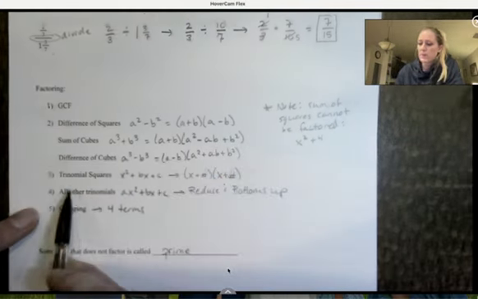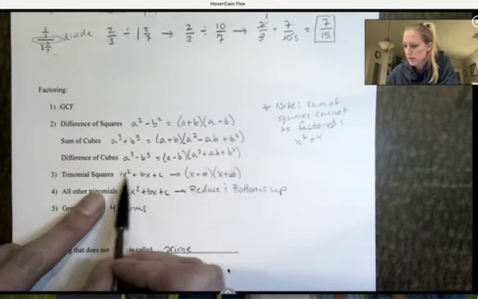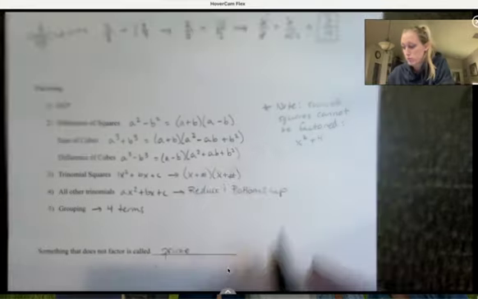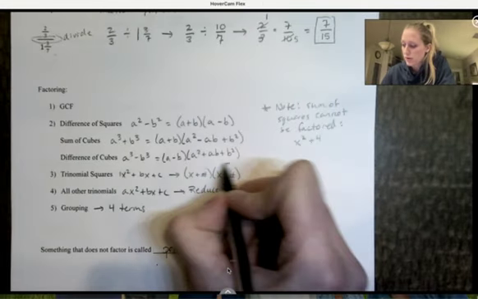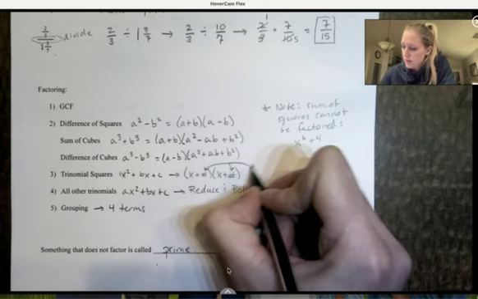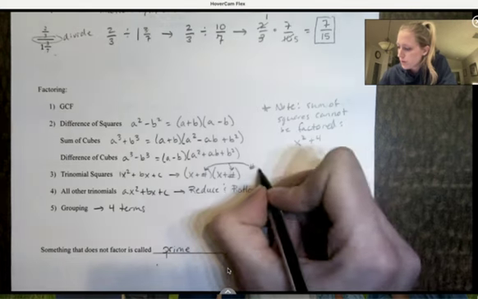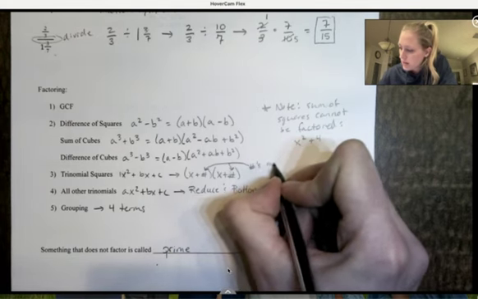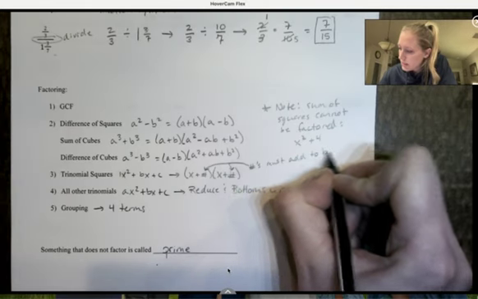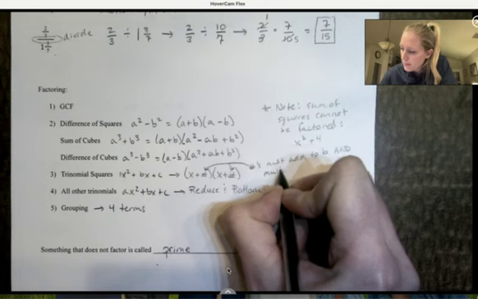Trinomial, this is if I have a 1 as a leading coefficient, but it has this format. It factors into x with two numbers in those parentheses. And remember, these two numbers must add to b and multiply to c.